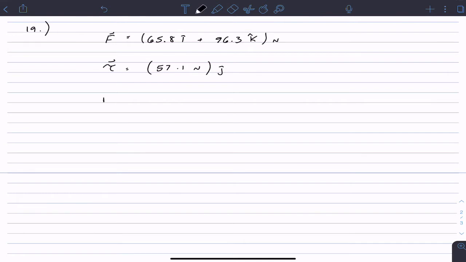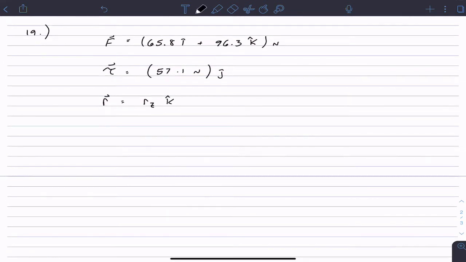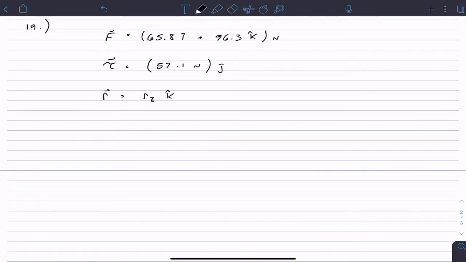And then it says find RZ in the k hat direction. So what I want to do here is set up a cross product like I normally would, just to show what's going on. So torque is equal to R cross F, right?